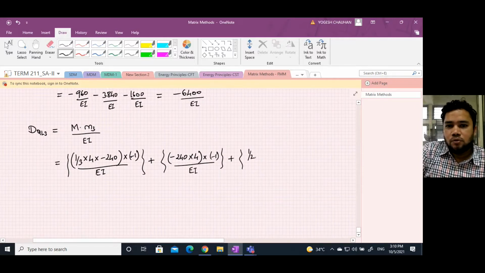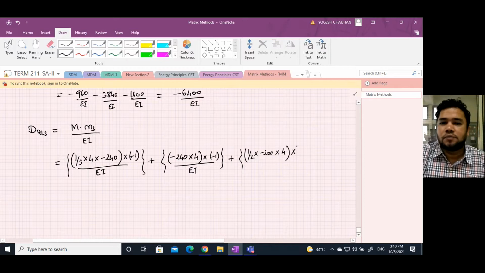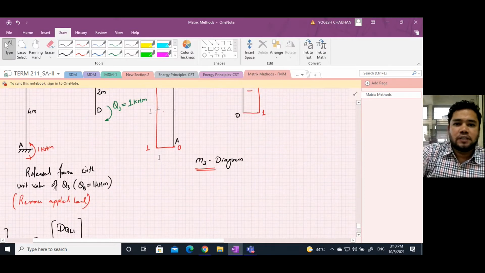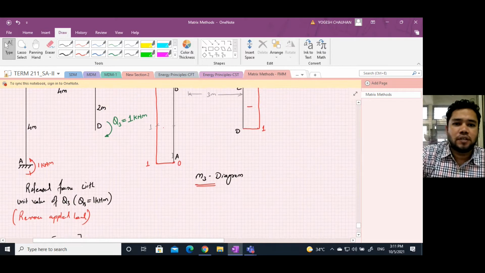So 1 by 2, base is 4 meter, height is minus 200. So minus 200 into 4 multiplied by the corresponding ordinate at 4 by 3 distance. At 4 by 3 distance in the M3 diagram, the ordinate is again minus 1 only.